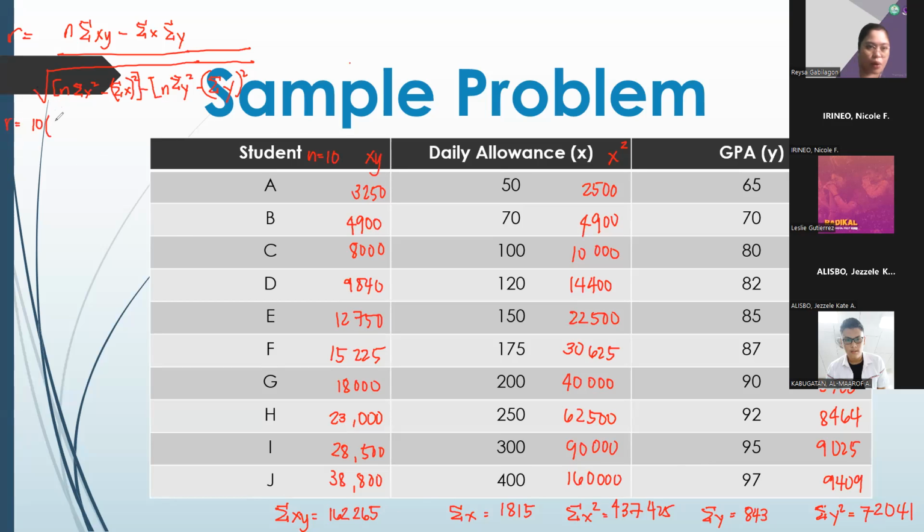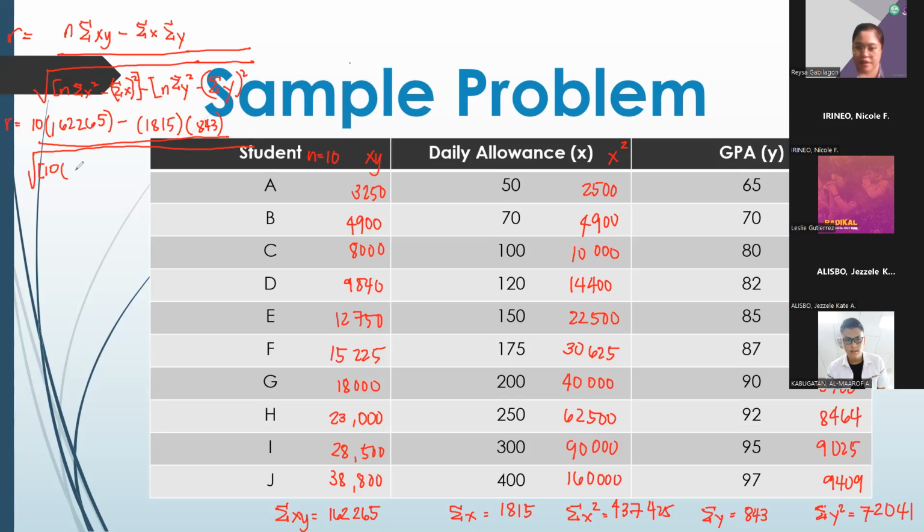What was that again? 162,265 minus the summation of x, that is 1,815, times the summation of y, which is 843. And then the square root of n, so that's 10, times the x squared.